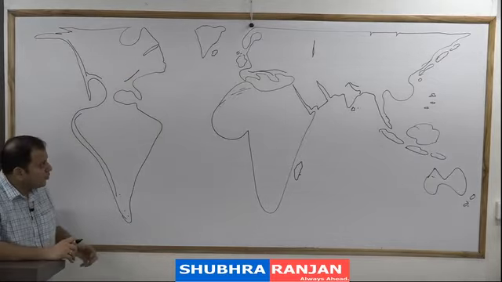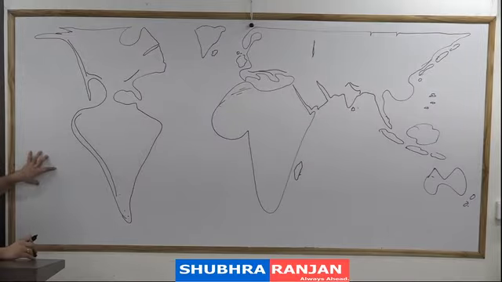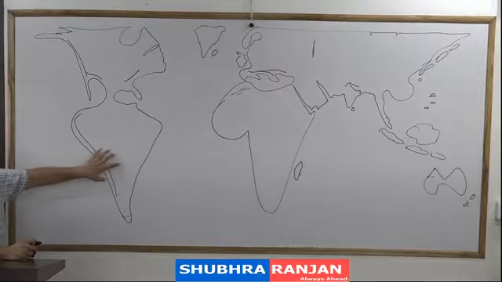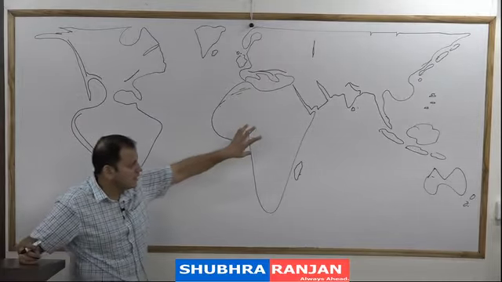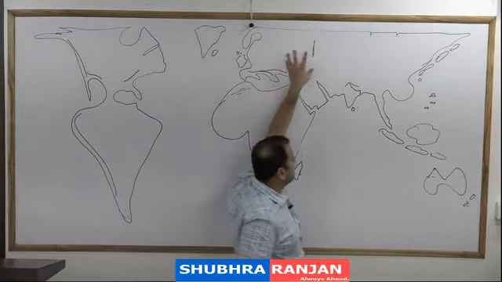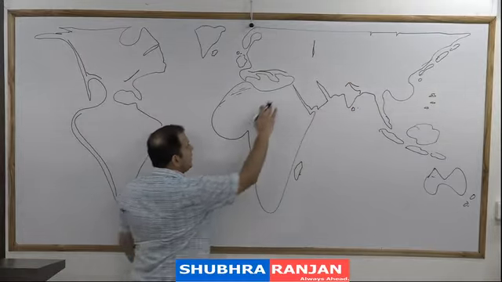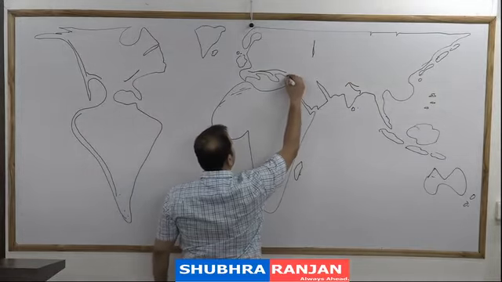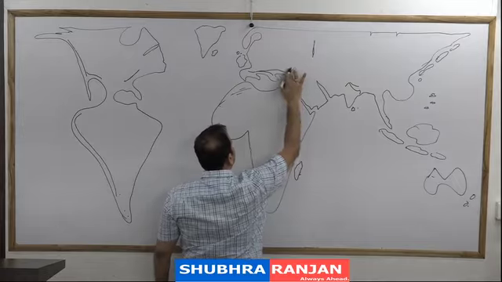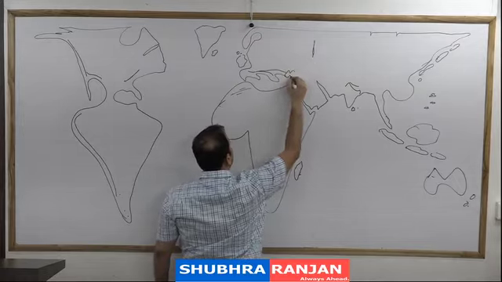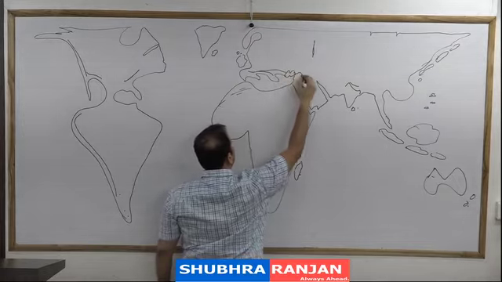Then if we look at the continents in the world, North America, South America, उसके बाद Africa, उसके बाद Europe, Asia. Now Asia, which is the largest continent in the world, can I say this Asia is divided into many parts?